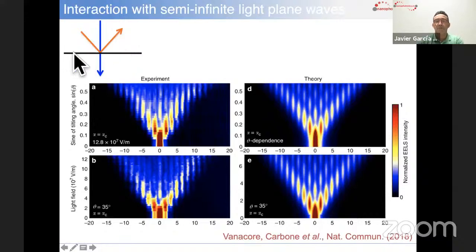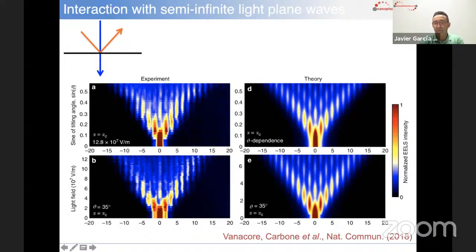This can also be done in a very simple configuration, which is this one: just a thin film where you reflect light. So a thin film that is totally reflecting, not transparent, but that is transparent to the electrons. For example, a gold or silver film a few tens of nanometers in thickness satisfies both of these conditions. And this is what was done in this experiment.